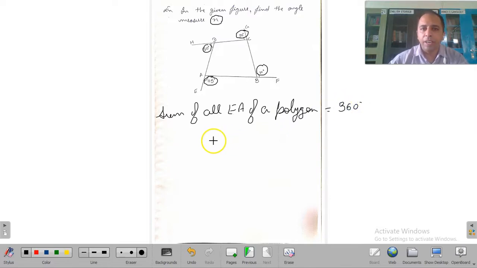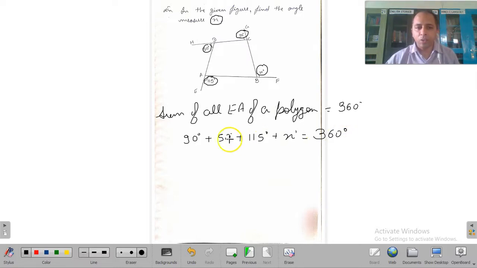That means we can write that 90 degrees plus 50 degrees plus 115 degrees plus x degrees is equal to 360 degrees. Now let's calculate this value. 90 plus 50 is how much? 140. 140 plus 115 is how much? 255.